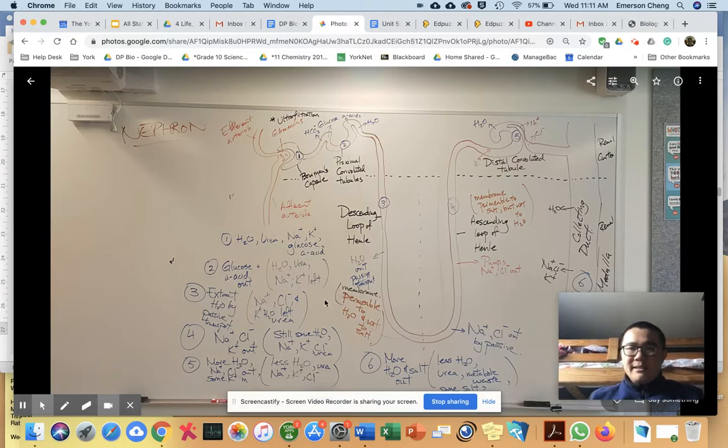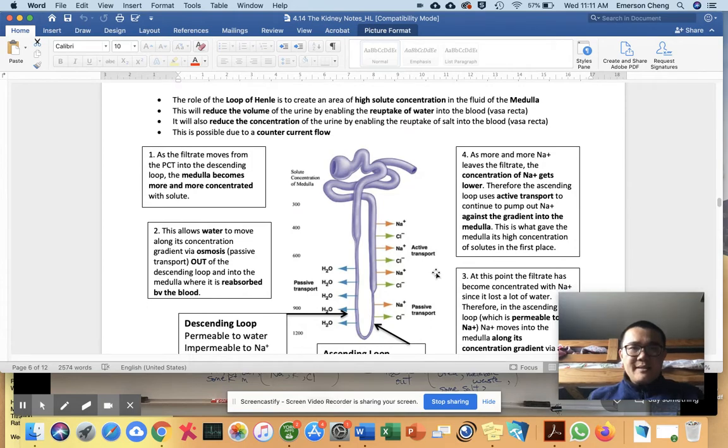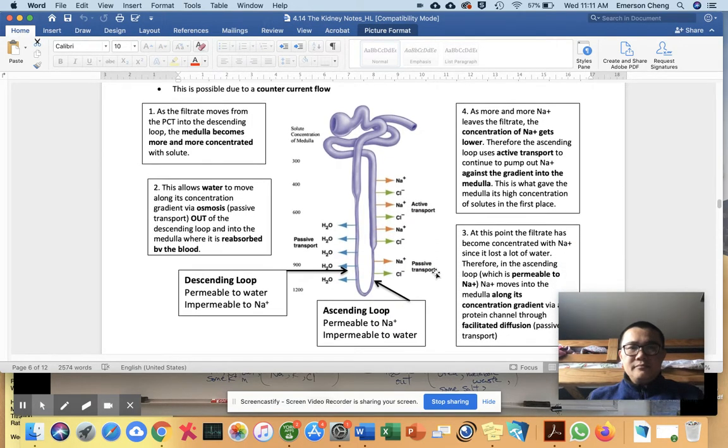We talk about this diagram. So let's look through this. The water will go out through here. Descending is impermeable to salt. The ascending one is permeable to salt, impermeable to water.